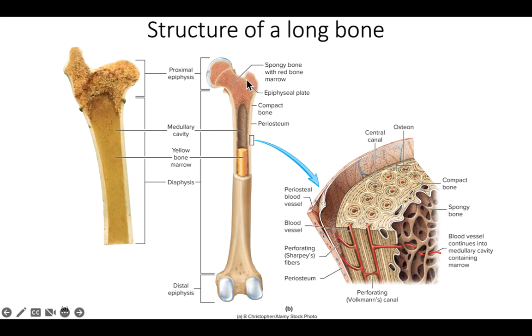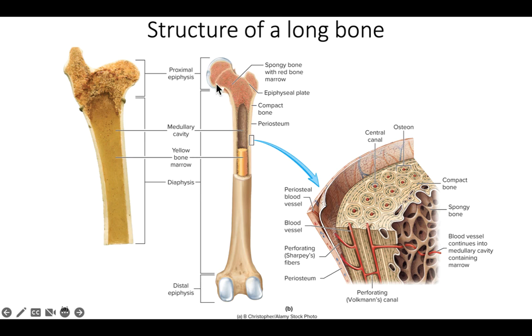So right here, there's one, and right here. This proximal end of the femur has two growth plates, and that's going to allow this bone to grow in length. There's also going to be one down here that they're not showing. And we'll talk more about these growth plates when we get to how bones grow in length.